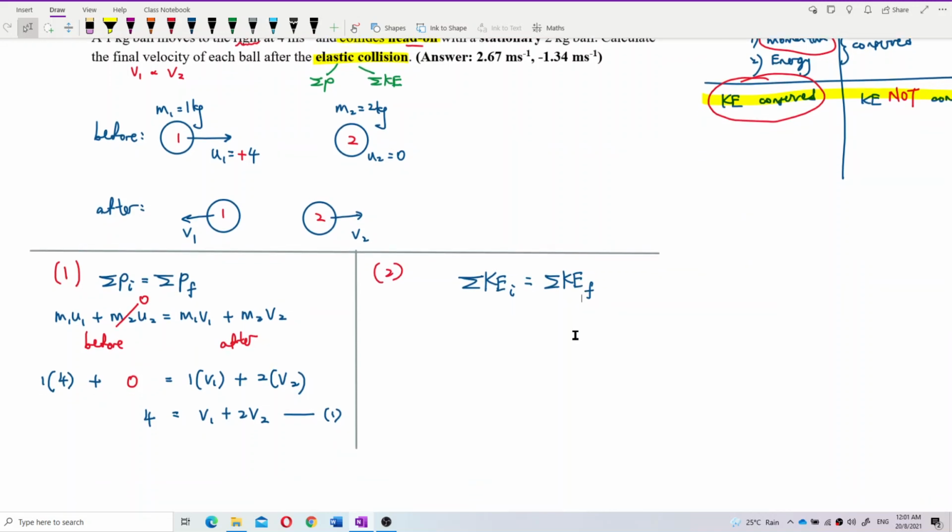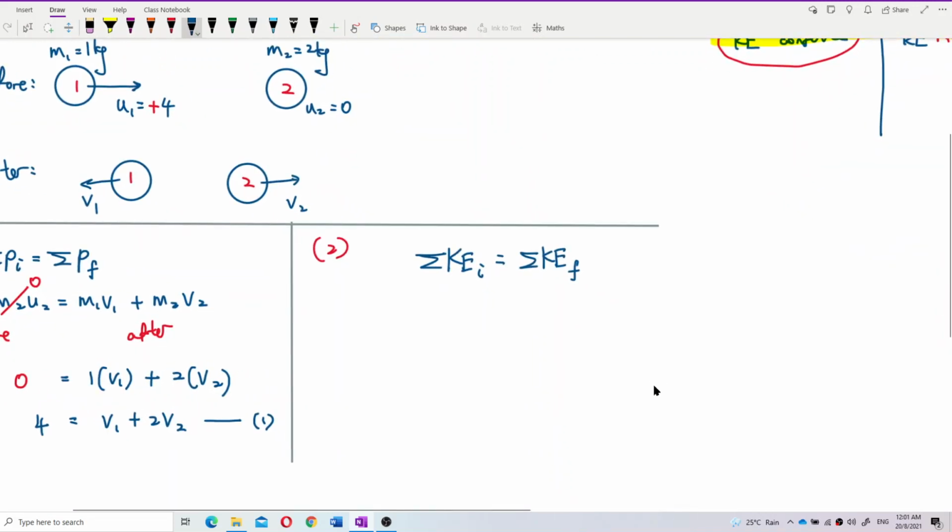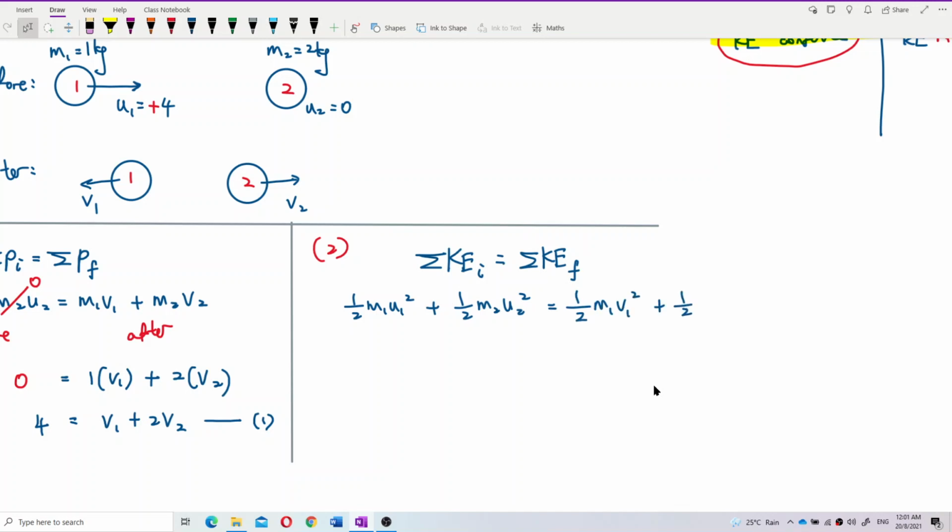So, what's the formula for kinetic energy? It is half m1 u1 squared plus half m2 u2 squared equals half m1 v1 squared plus half m2 v2 squared.